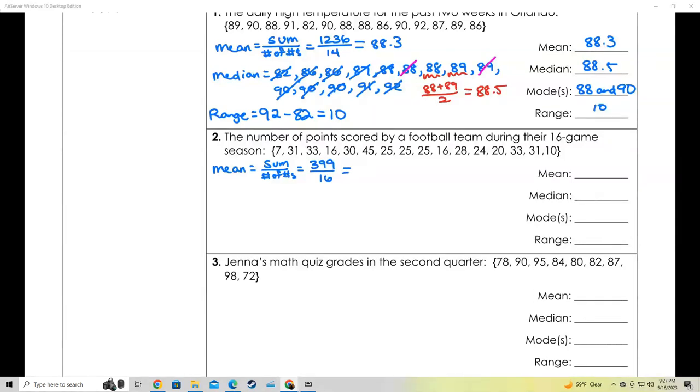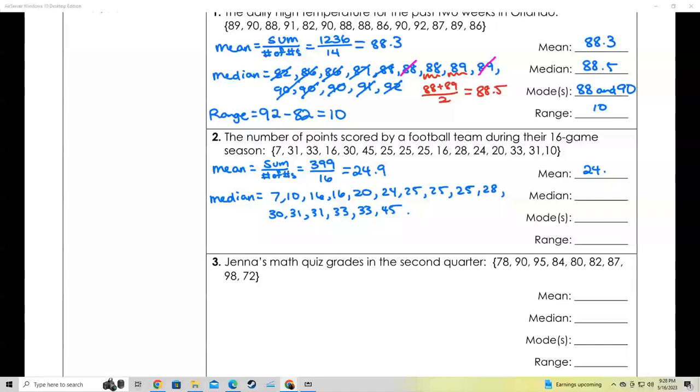When I divide them, I get 24.9. The median, I'm going to have to put these numbers in order. So let me do that right now. Okay, here are the numbers in order.